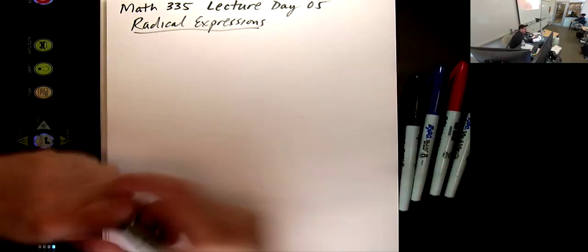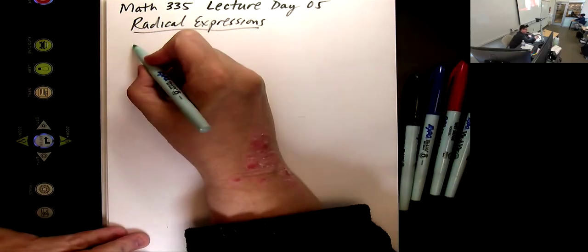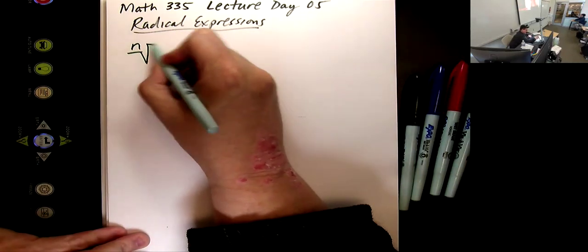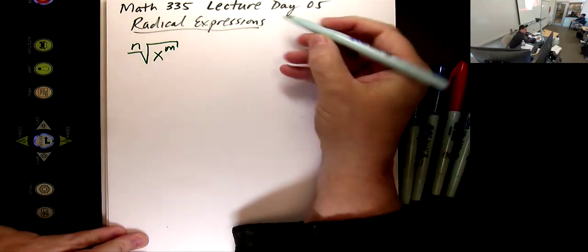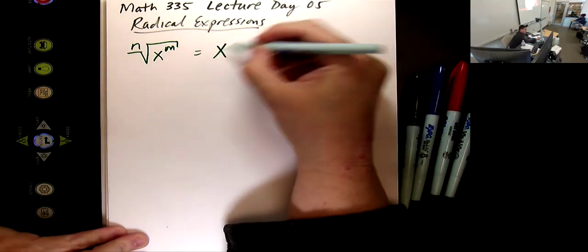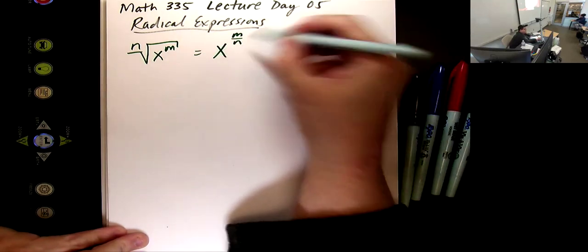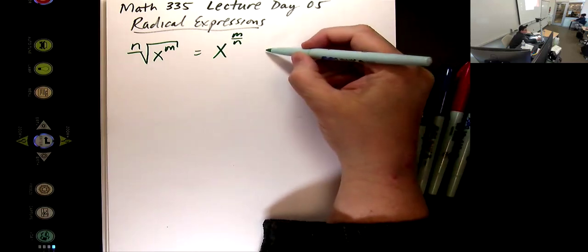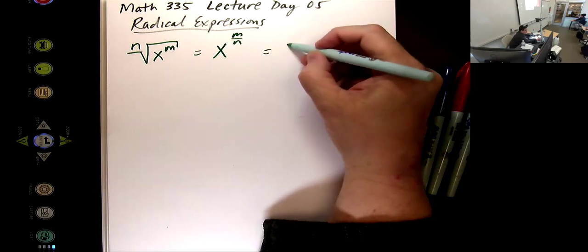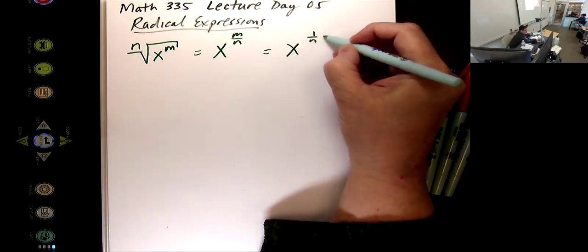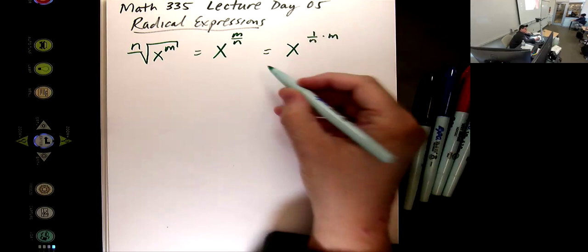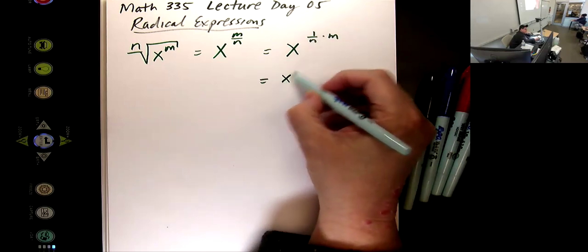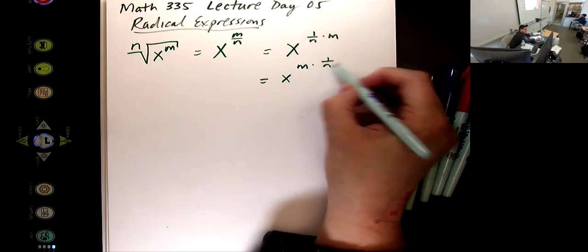As a quick reminder, if we have the nth root of x to the m, this equals x to the m over n. And you can separate that 2 ways. You can say x to the 1 over n times m, or x to the m times 1 over n.